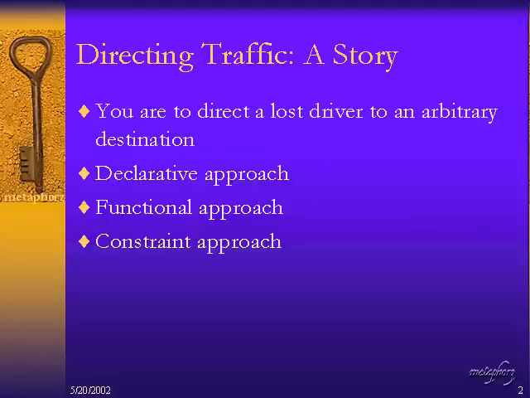In lieu of a map, you might instead point out intermediate landmarks from your neighborhood to the stadium. And in doing so, you would be demonstrating a declarative modeling approach to process specification.